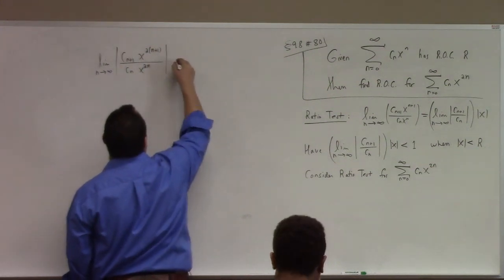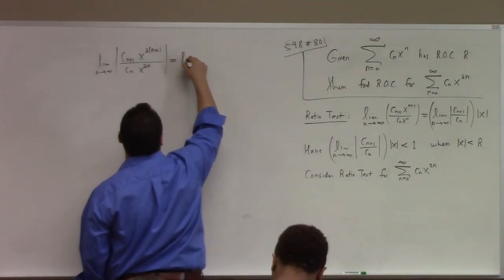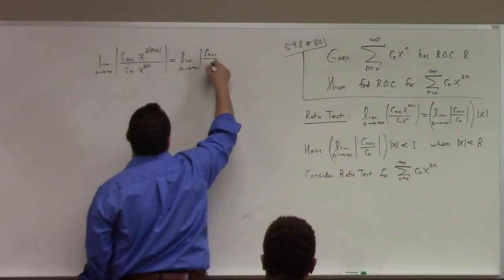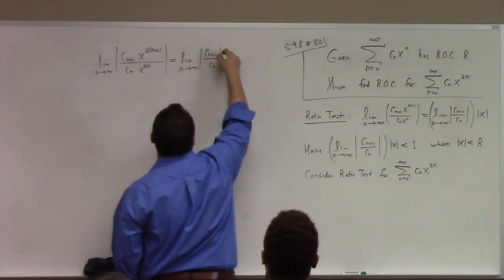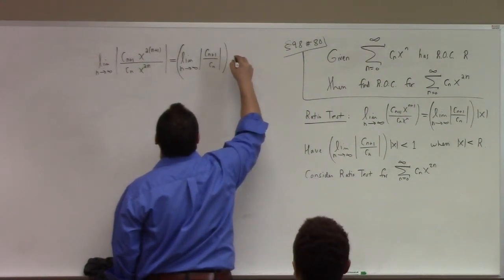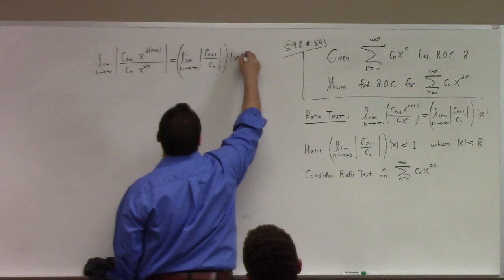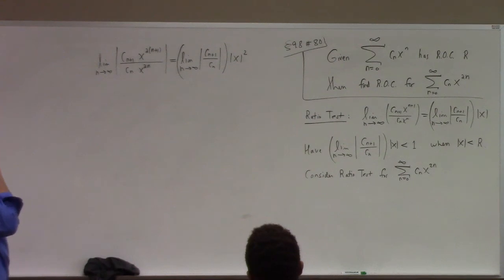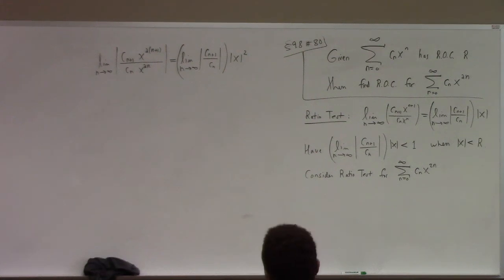Which works out to what? This Cn plus 1 over Cn, we've seen that before. And then that gets multiplied by what? Because the x to the 2n plus 1 becomes x to the 2n plus 2. The x to the 2n cancels, but we're left with the x squared there.